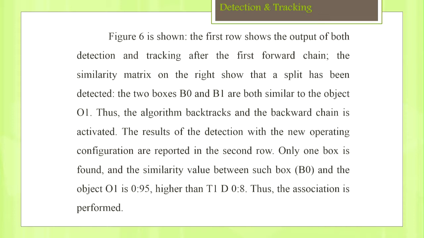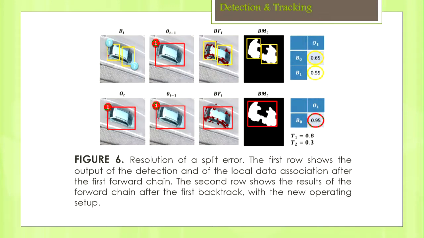The result of the detection with the new operating configuration is reported in the second row. Only one box is found, and the similarity value between this box B0 and the object O1 is 0.95, higher than T1 of 0.8, thus the association is performed.